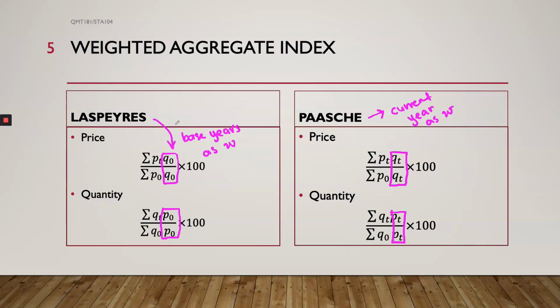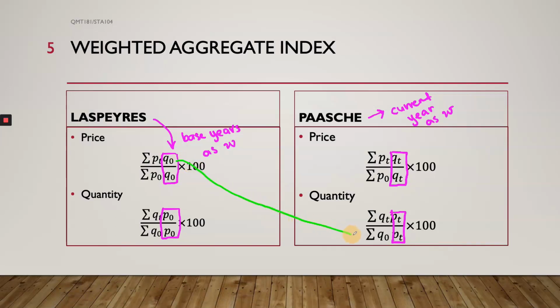Now look back at the Laspeyres and Paasche formulas. If you see here, the numerator of the price Laspeyres index, summation of PT times P0, can also occur at the denominator of quantity Paasche. Let me draw some information.